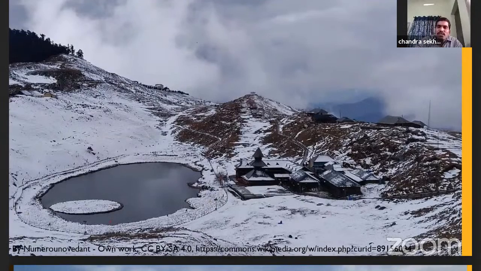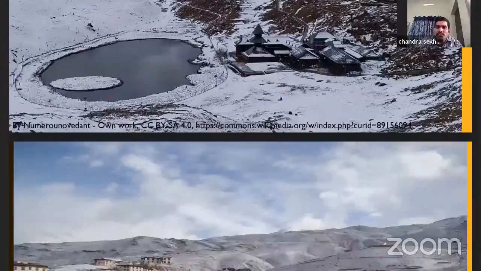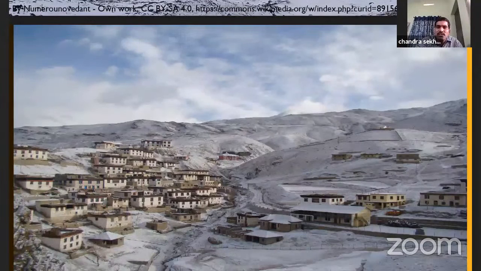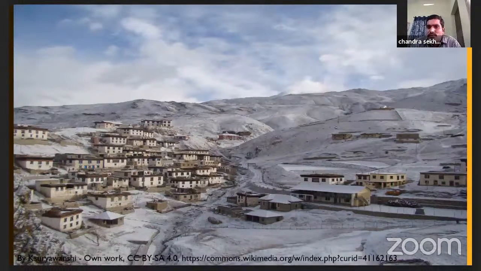So like that, so many villages are located in mountainous areas. Here also another village is there. The number of families is very small and they are living in very high hilly or mountainous areas. So sometimes we are unable to reach those villages in time. We can observe that the picture is full of ice.